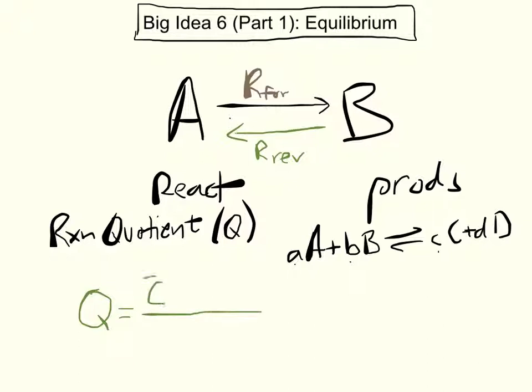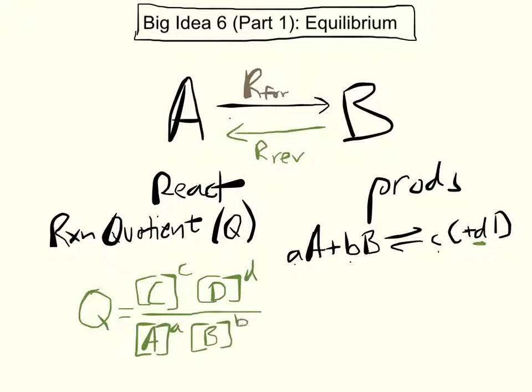More specifically, it's the concentration of C to the power of little c times the concentration of D to the power of little d, divided by the concentration of A to the little a times the concentration of B to the little b.